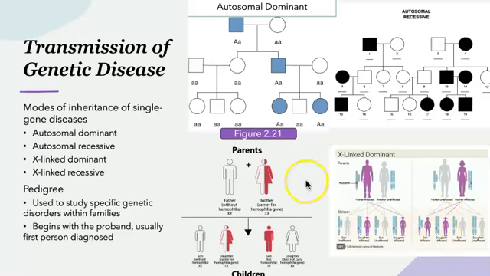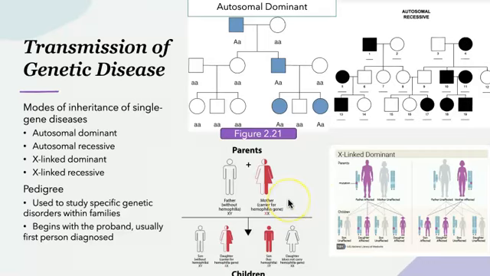And then we have our X-linked recessive inheritance. Affected people here are usually going to be males with unaffected parents. So this is showing us a carrier. So even though she has the gene, she's not displaying the actual hemophilia.